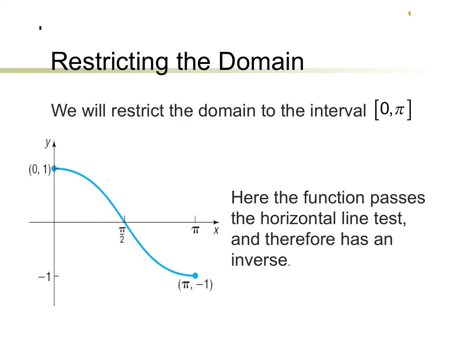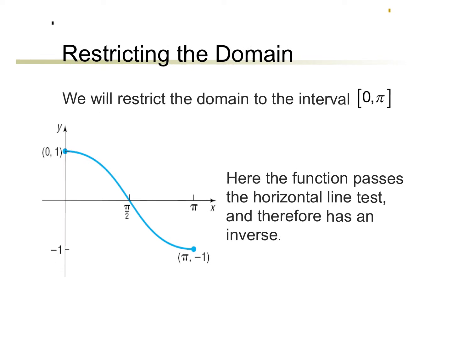So here's our restricted domain. Like I said, the other video has how we would graph this, but the fundamentals of graphing are the same. We would swap our x and y components for each point and plot those out. Now, with regard to our cosine function, this function will now pass our horizontal line test and therefore has a proper inverse.